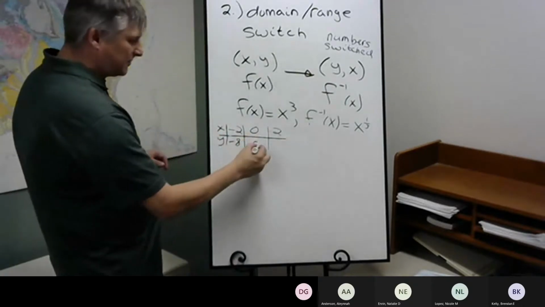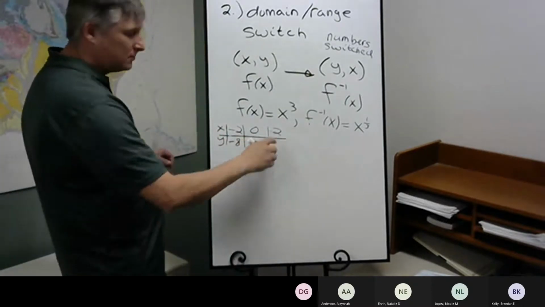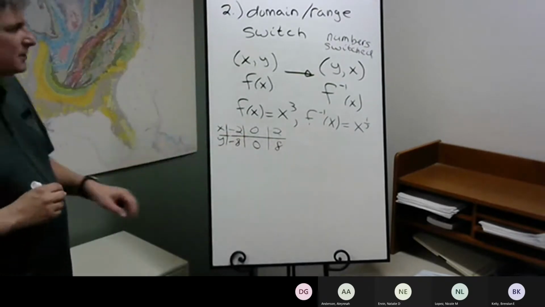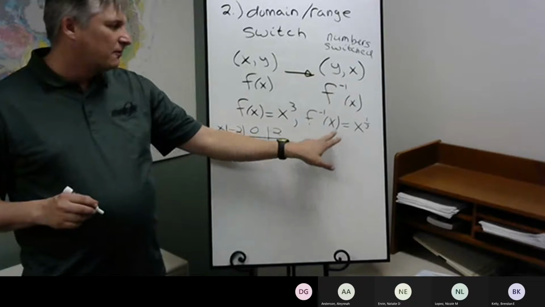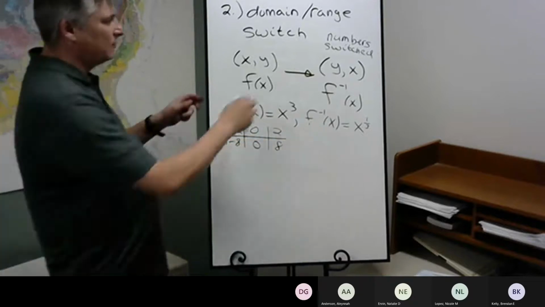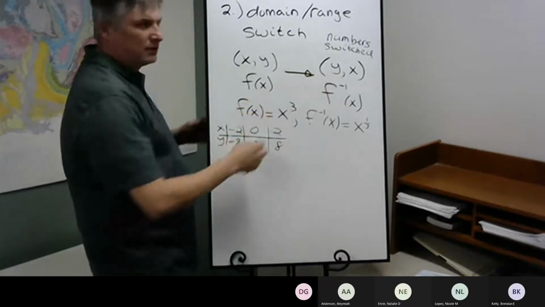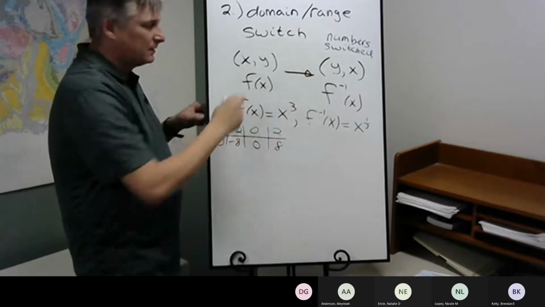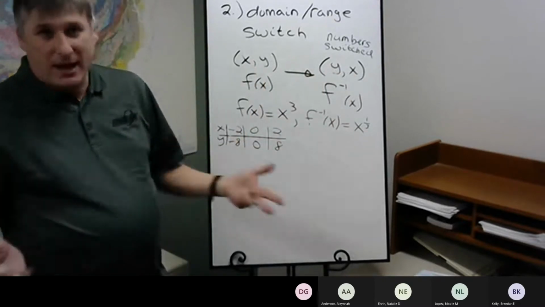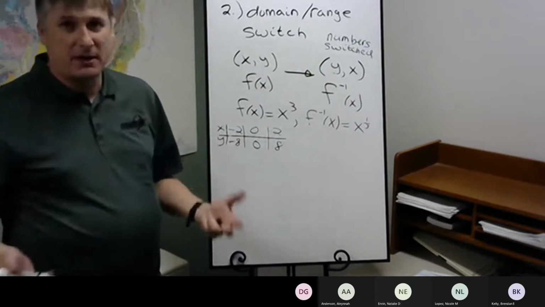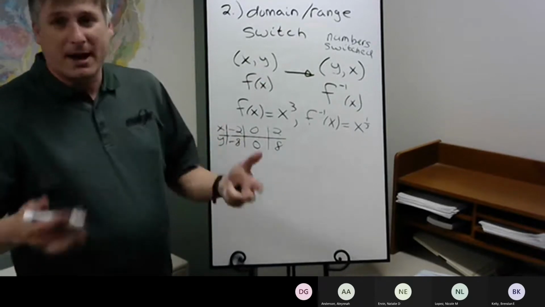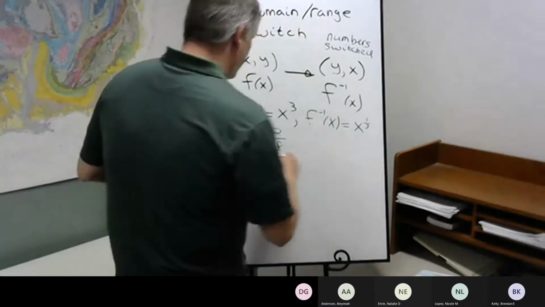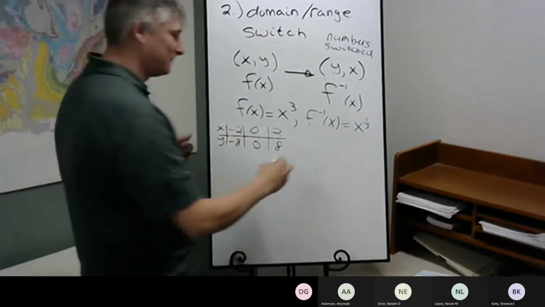If we cube 0, we get 0. If we cube 2, we get +8. Now I'm going to talk about x and y for the inverse. So the way x and y switch here, these are the x and y values that came from f of x. Now f inverse has its own x and y values that still follow the same sort of format, where x is first and y is second. What we're going to see is that the numbers are going to switch.